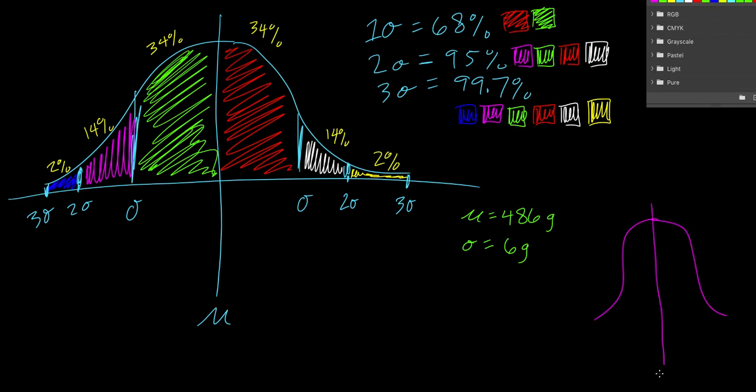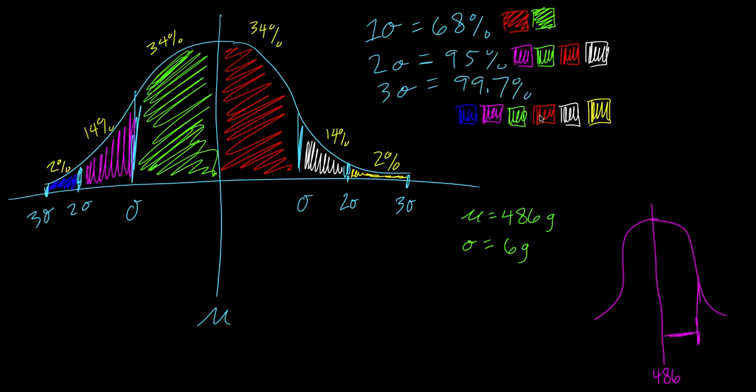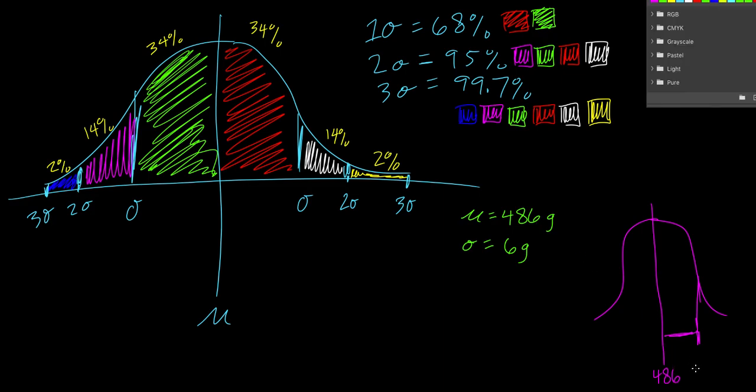This is 486. And then if we go 1 standard deviation out, we're going to add 6 to that, and we get 492. And if we subtract it, we get 480. Okay, so we know that that's going to represent 68% of our data.